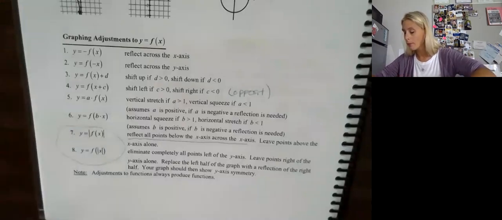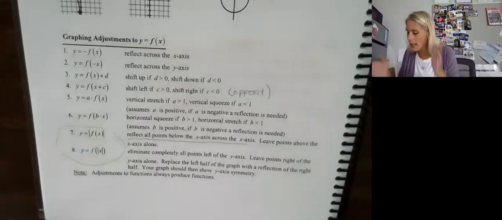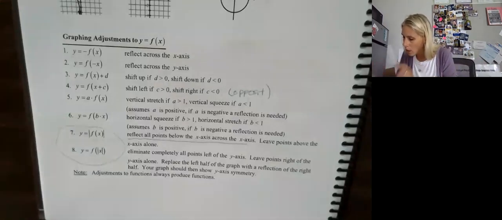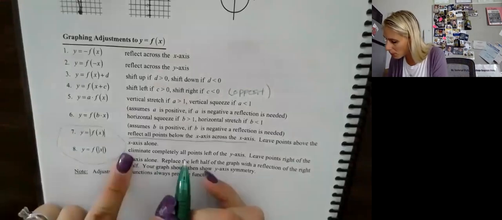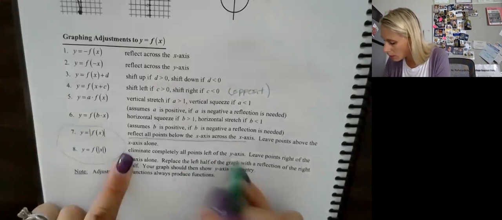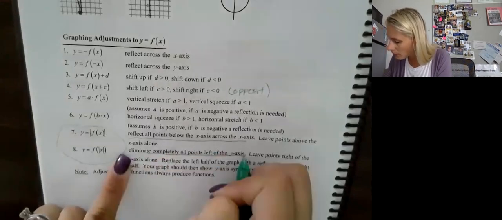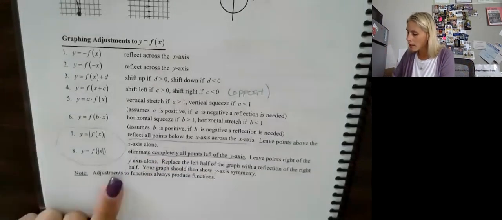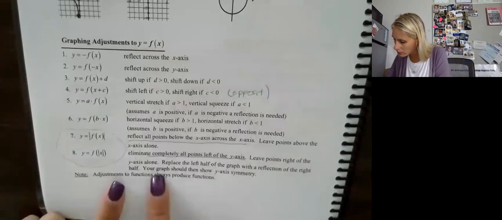We'll show you that in a minute. And then if the absolute value is on the inside, eliminate completely all points on the left side of the y-axis.